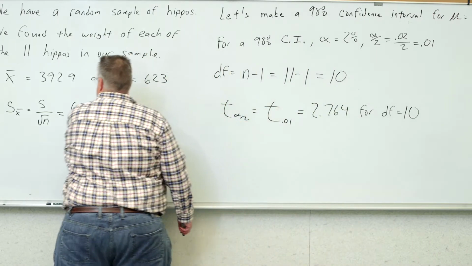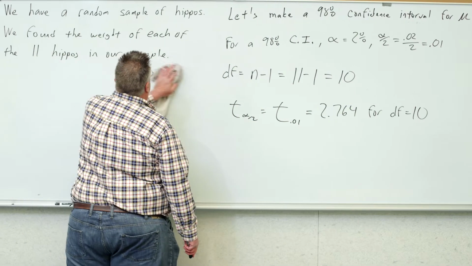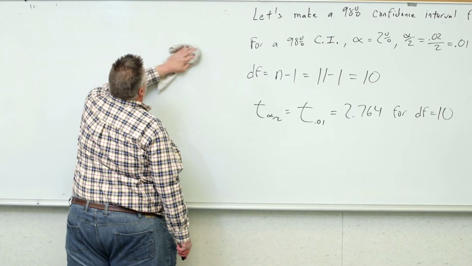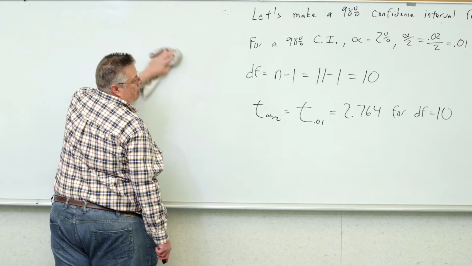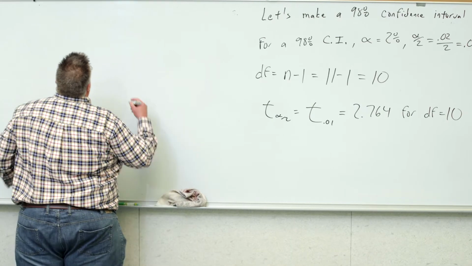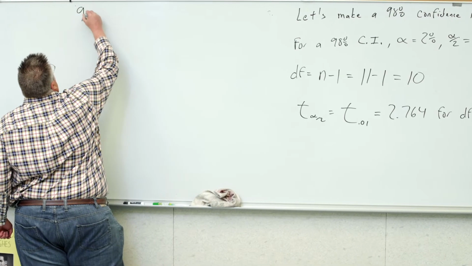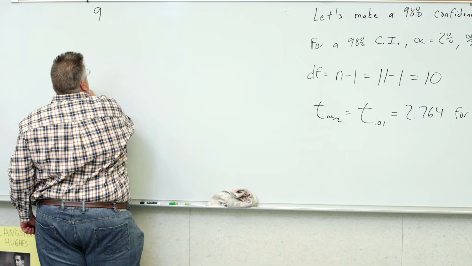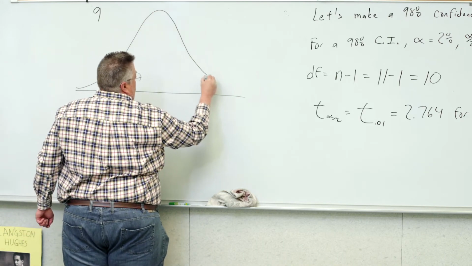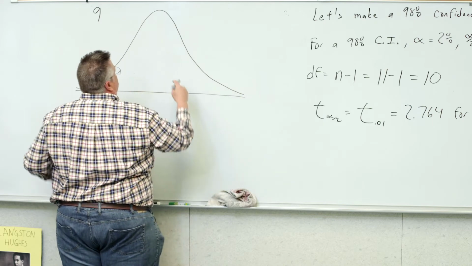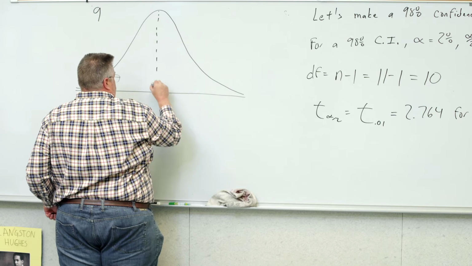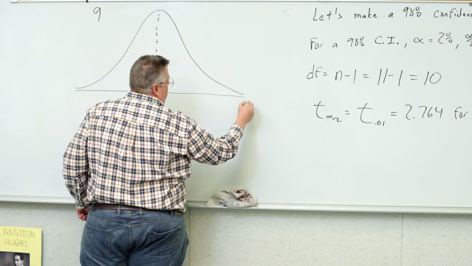All right, let me slow down a little bit and show you where we got that now. We're making a 98% confidence interval. And I erased all my numbers. So for a 98% confidence interval, my t distribution looks a lot like the z distribution. It's flatter, it's bigger in the tails, but it looks pretty similar. I'm still going to sketch more or less a bell curve.